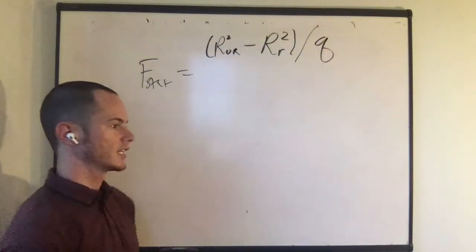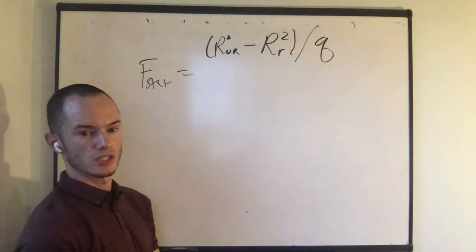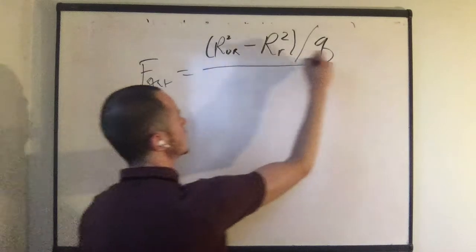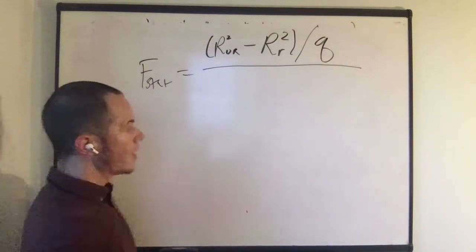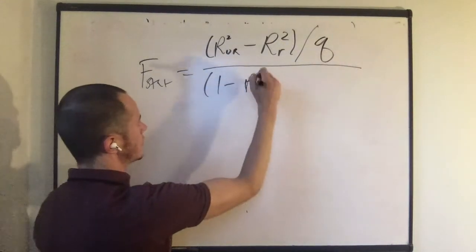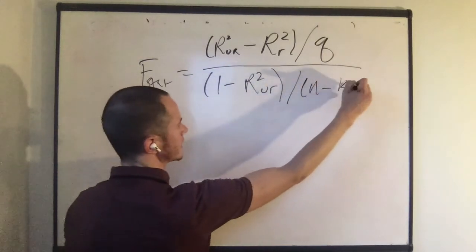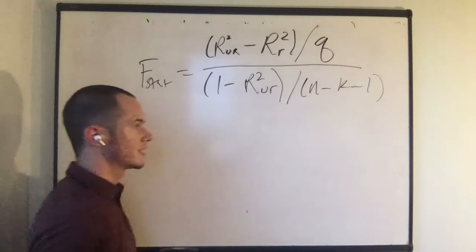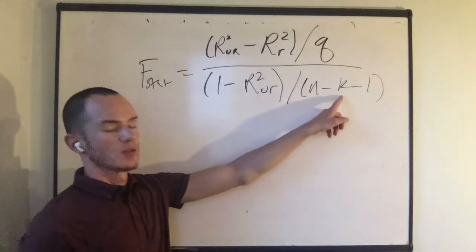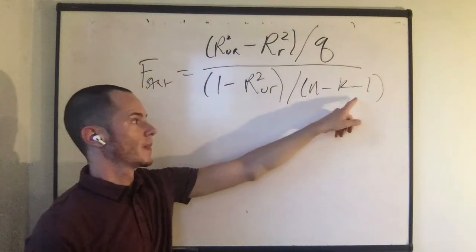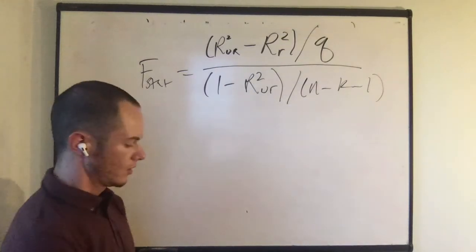And if we are restricting beta 2 and beta 3 equal to 0, then we have 2 restrictions and Q is equal to 2, all over 1 minus R squared in the unrestricted regression divided by N minus K minus 1, where N is the sample size, K is the number of included variables in the unrestricted regression. We have 3, so N minus 3 minus 1.